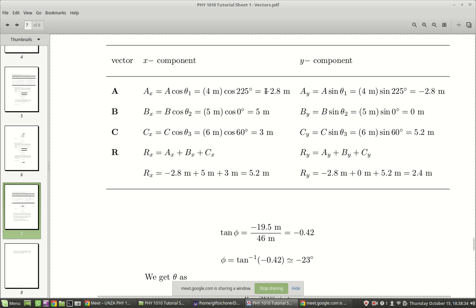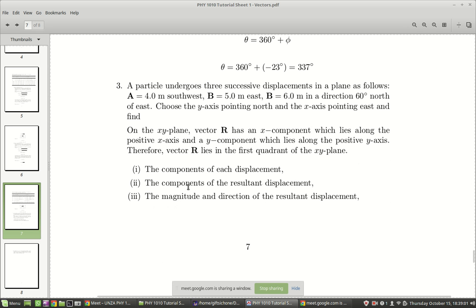So Ax is minus 2.8, Ay is minus 2.8, Bx is 5 meters, By is 0 meters, Cx is 3 meters, Cy is 5.2 meters. So those are the components of each displacement. Okay, so the first part of the question has been answered.